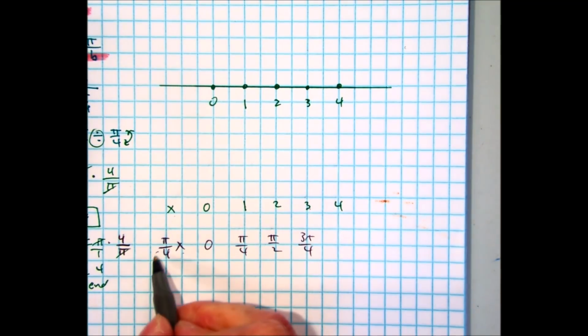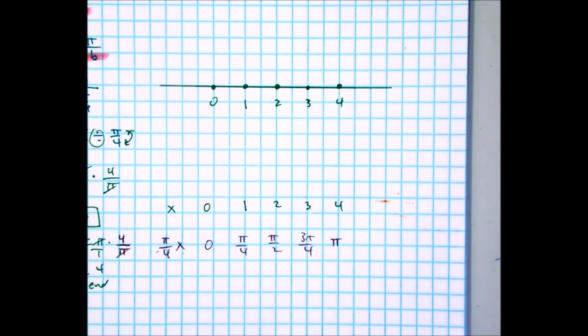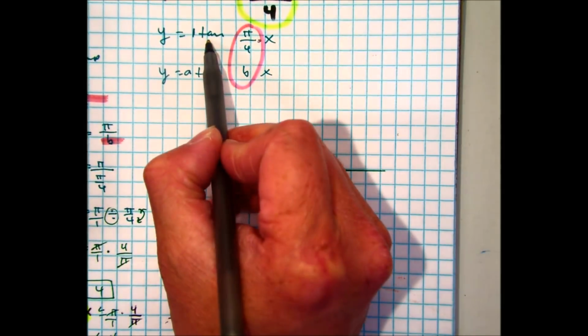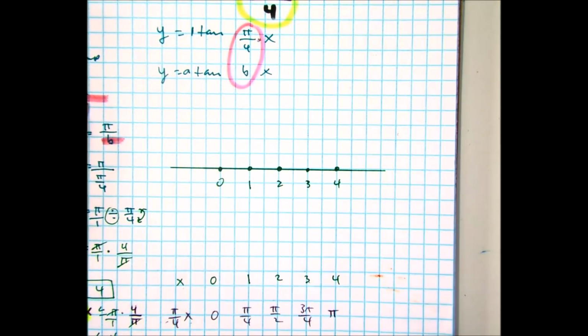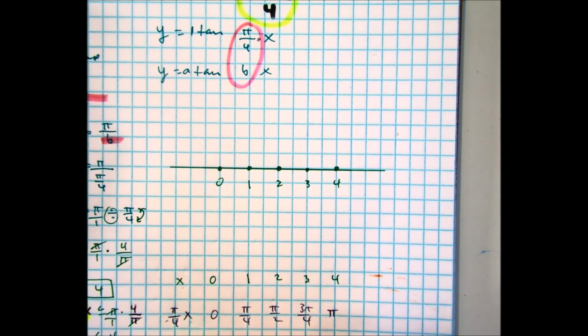And 4 times pi over 4? Pi. Now I'm going to take the tangent of our values.